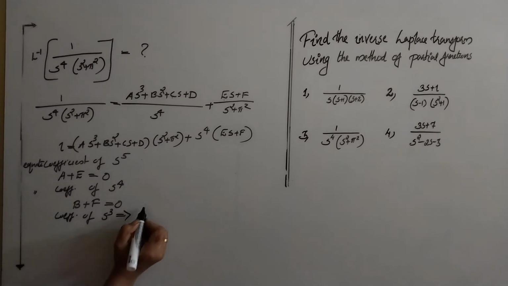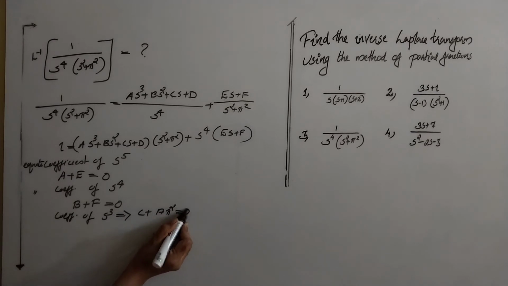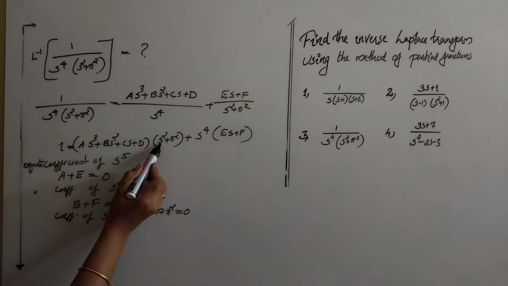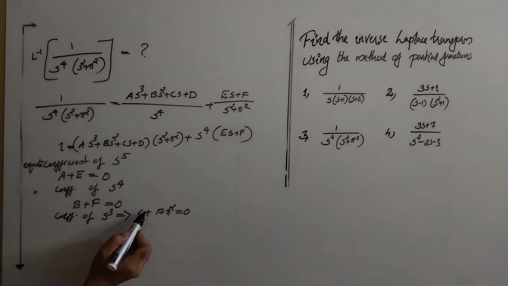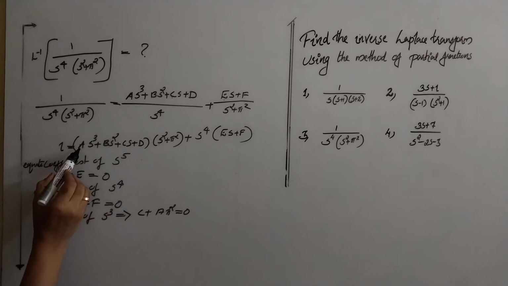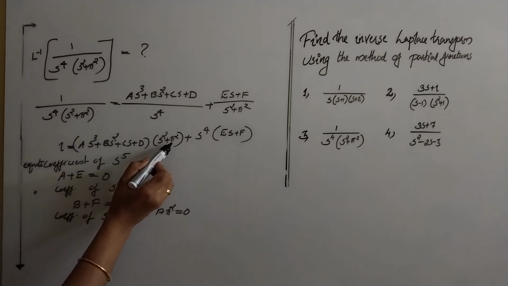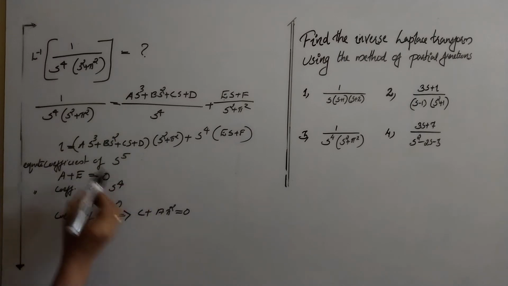This implies c plus a pi square is equal to 0. cs into s square is cs cube, so the coefficient of s cube is c plus, here also a s cube into pi square, so a pi square. So c plus a pi square is equal to 0.